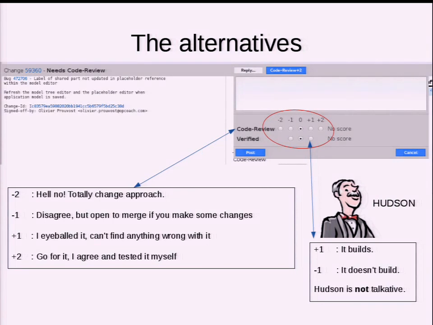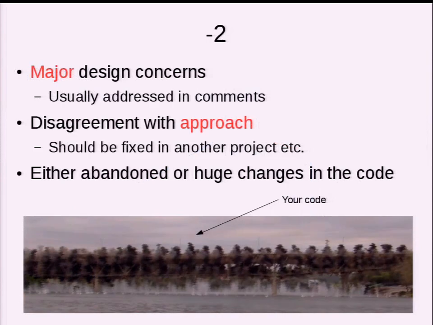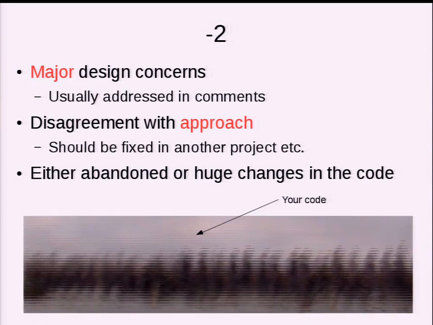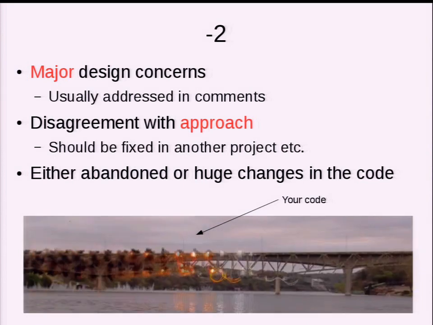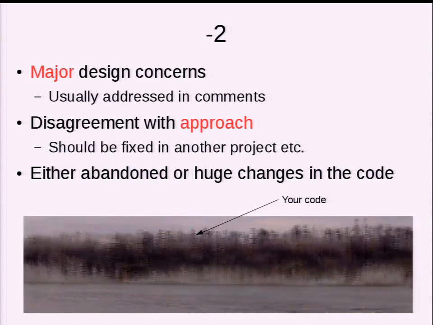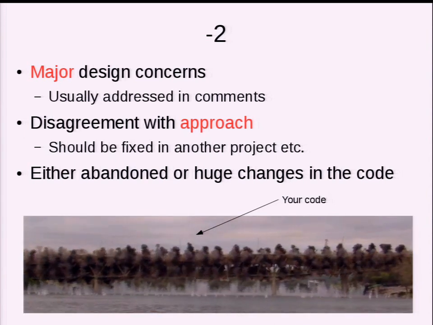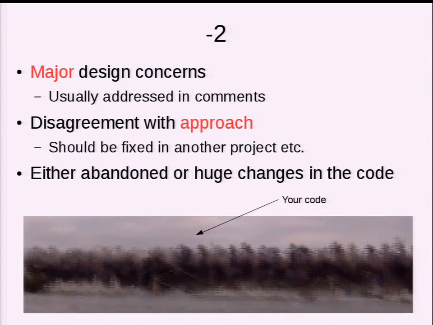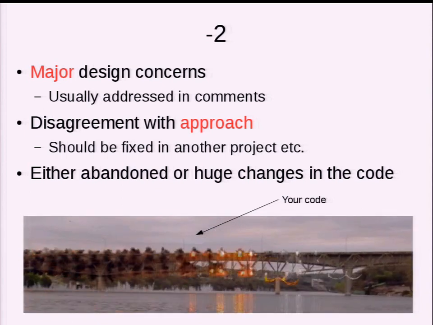The first one is the -2. The -2 is kind of sad for the contributors, because that's usually what happens to your code if you get a -2. It's usually major design concerns.